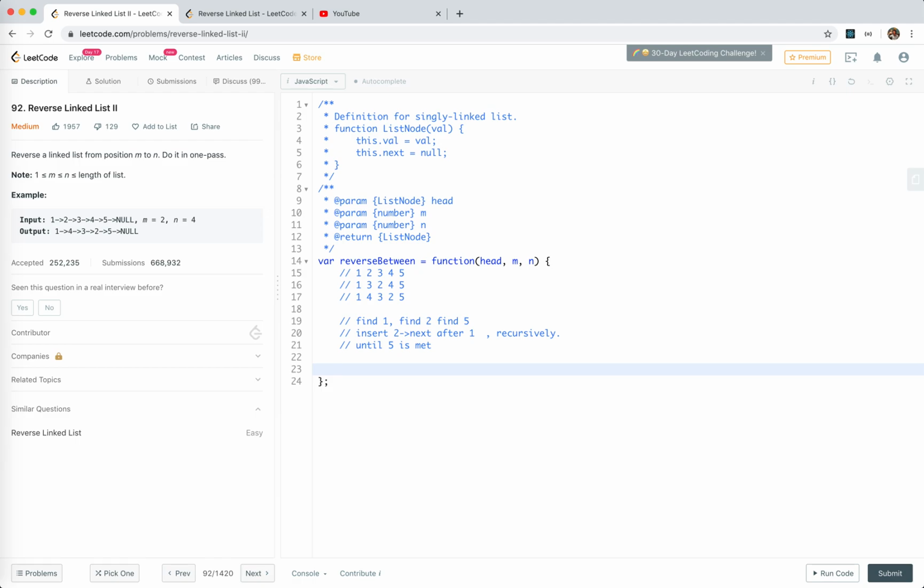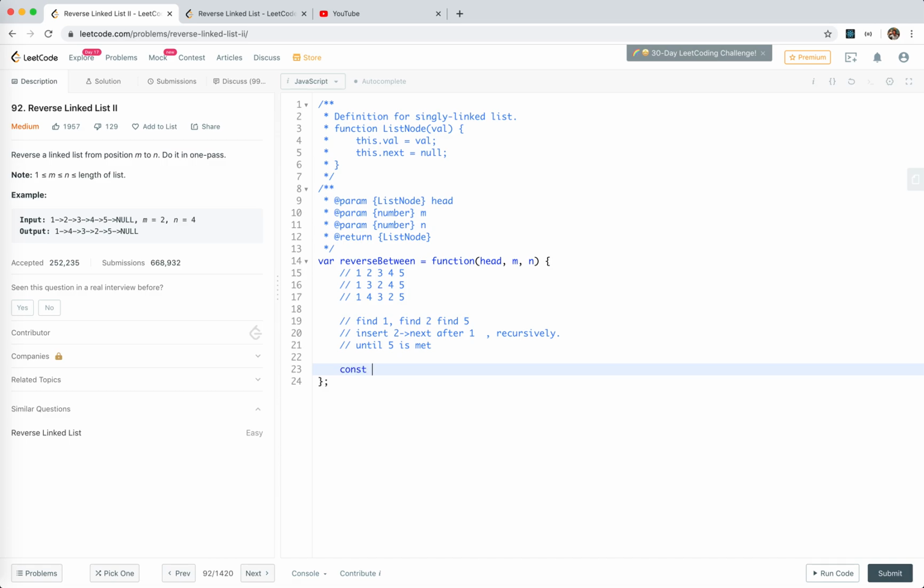We need to find these two pointers. Before we start, the m might be 1, so for the node before 1, there's no node. So as usual, we'd better insert a fake node as the fake start to make things easier.